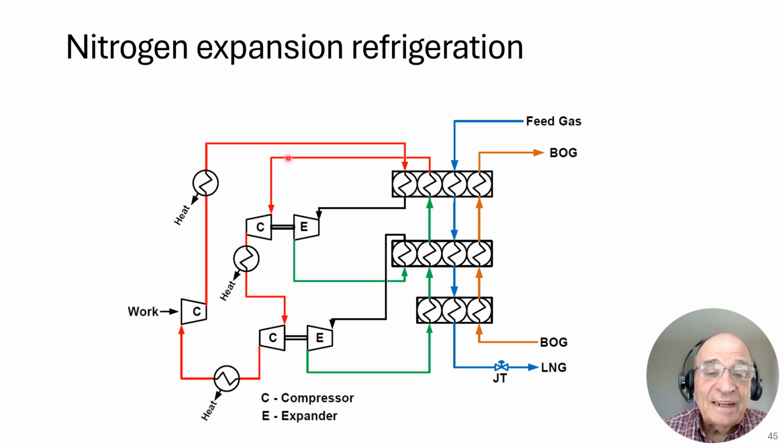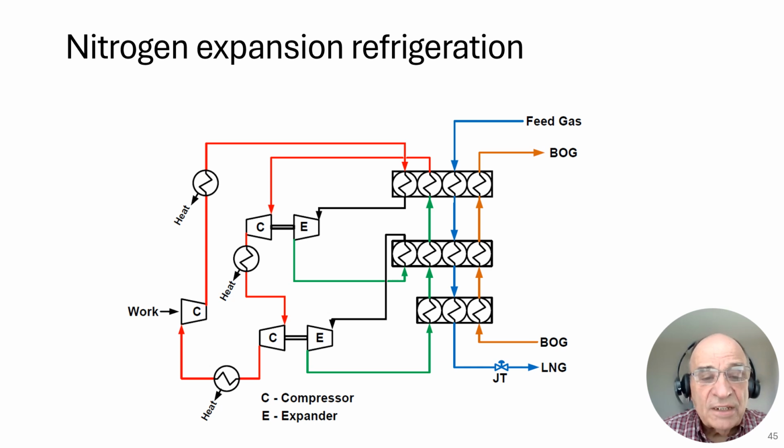Then that nitrogen is sent into a compressor where it's compressed, then goes into an intercooler. Now, this one's not called an aftercooler, it's called an intercooler because it's between two compressors. So it goes into the intercooler, rejects heat, goes into another compressor, goes into another intercooler, rejects heat, and then goes back to where we started.